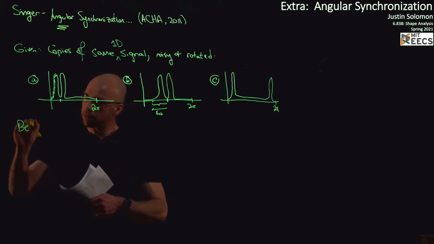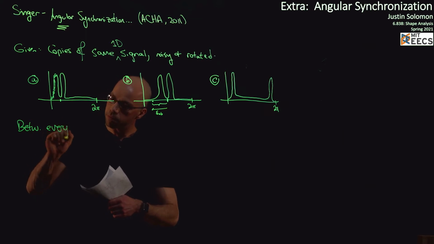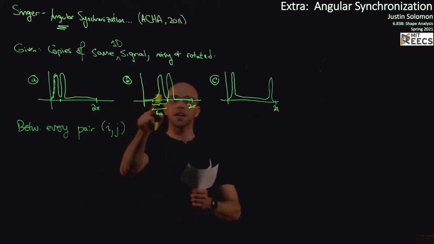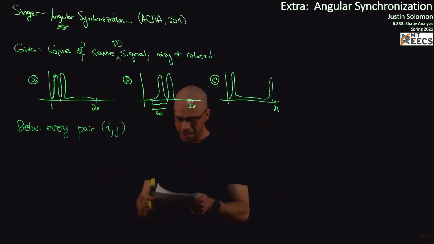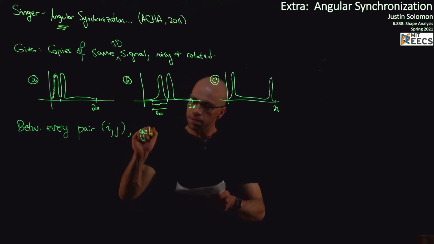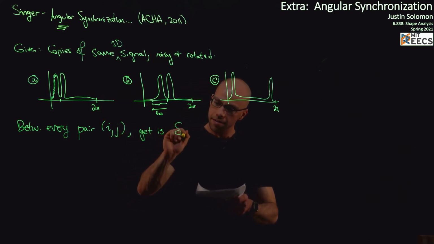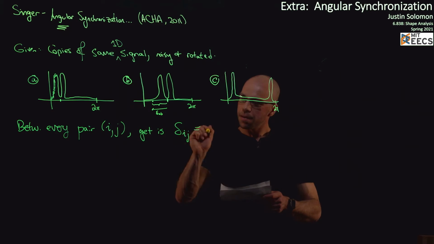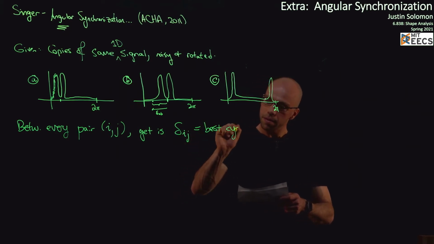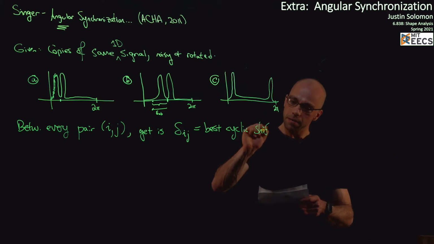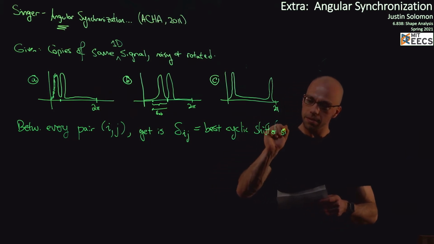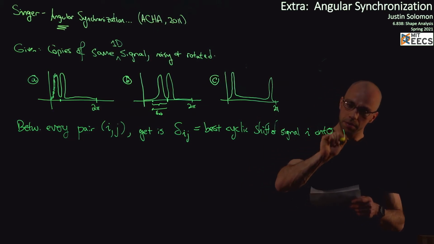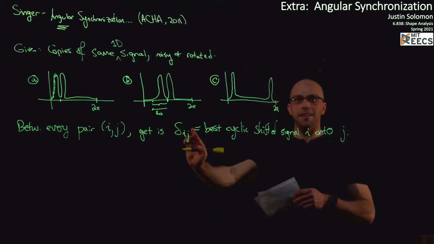Essentially, between every pair I, J here, where I and J index into my different smartwatches, I get an estimate delta ij, which is given by the best cyclic shift of signal I onto J. Incidentally, I'm probably going to screw up the sign of ij versus ji.